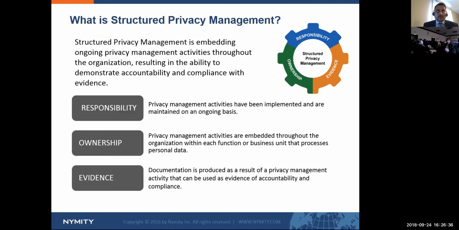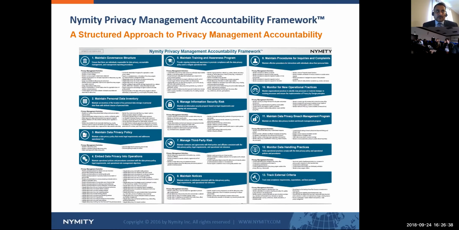And how the structured approach works is through our framework. What you're looking at is a snapshot of the Nymity Privacy Management Accountability Framework. This is something that we developed through our research. What Nymity did in the research was look at what global organizations were putting in place, what technical or organizational measures, what infrastructure, for them to comply with their privacy requirements.